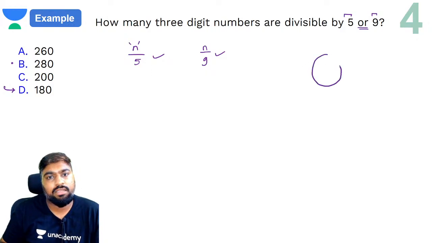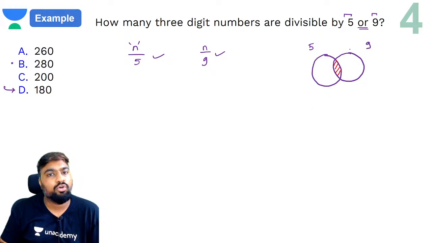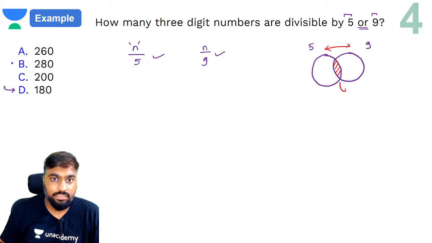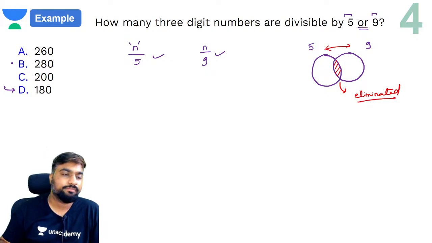If there is a number that is divisible by 5, and a number that is divisible by 9, there will also be numbers divisible by both 5 and 9. So you are counting them 2 times. Yes or no? Yes. So this needs to be eliminated; you are counting them twice, and need to count them once.